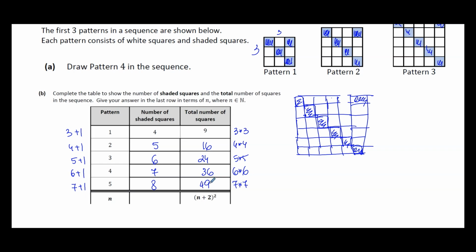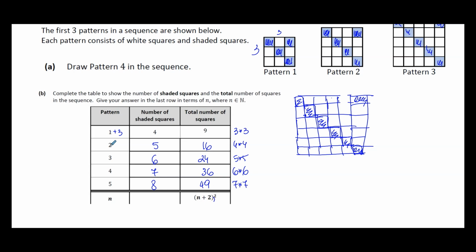So here I have the total number of squares sorted, but this is where I need to understand what to put in here. If the pattern is 1, I have 4. Let's remove that so it doesn't confuse us. If the pattern is 1, I added 3.